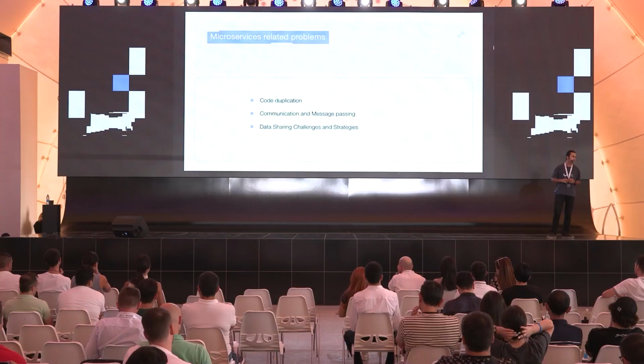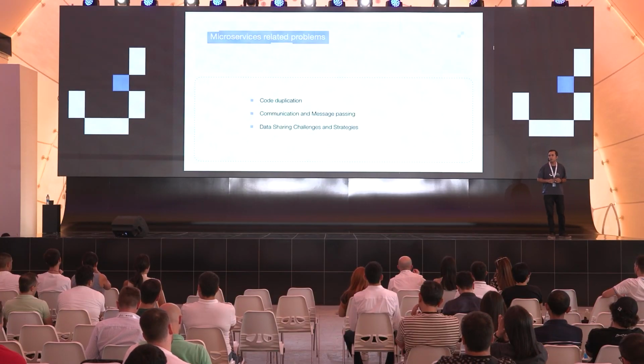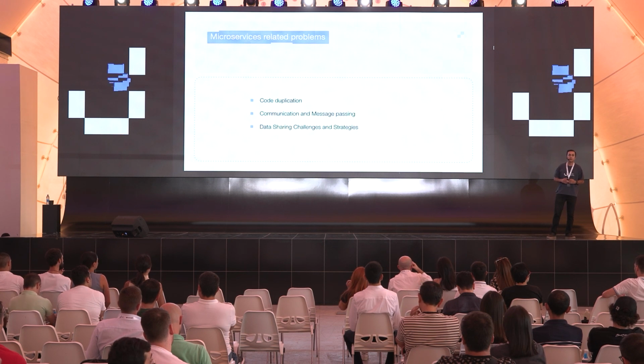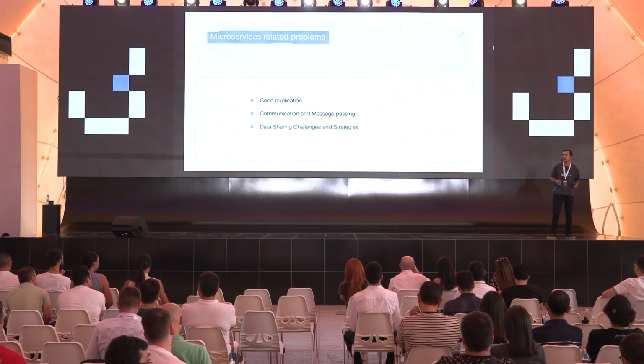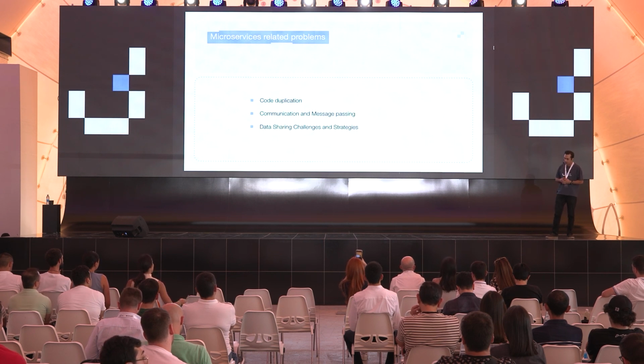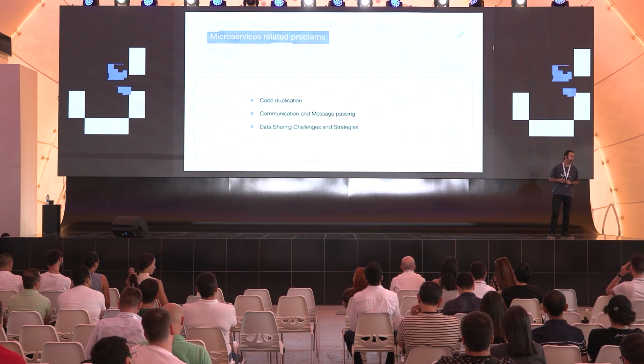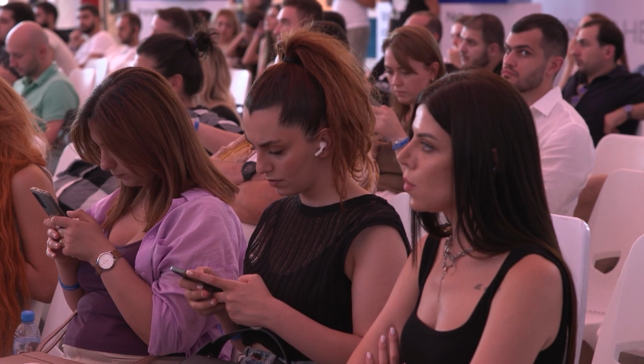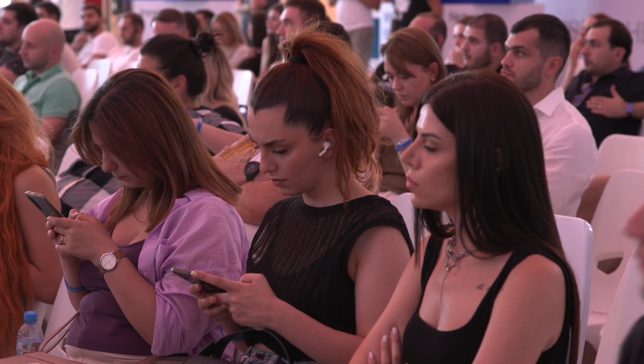Another part is communication and message passing, which is related to the topic of how to communicate different microservices with each other and how to make them talk to each other. And the last one is data sharing challenges and strategies, which is related to how we should share our data between our microservices.